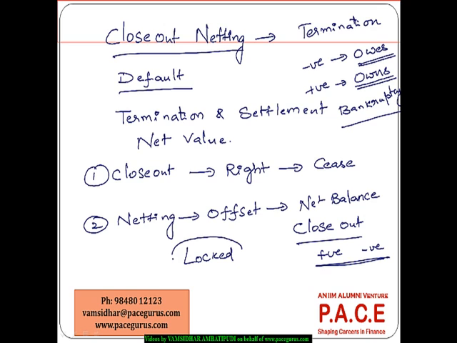The solvent counterparty finds that it is locked into contracts that fluctuate in value and which are impossible to hedge, because I can't get into an offsetting transaction with any other counterparty for this particular transaction, as the chances of recovery are much lesser, right? So that is where closeout netting comes in very handy.